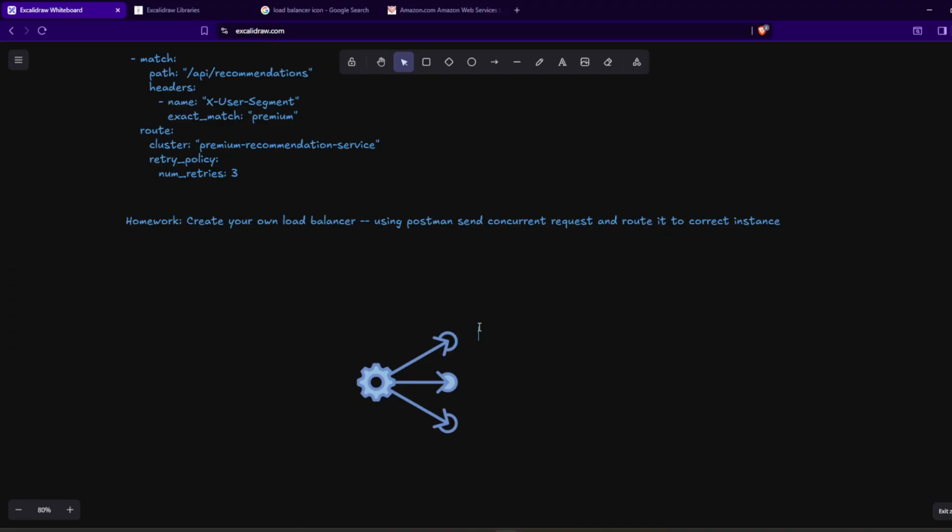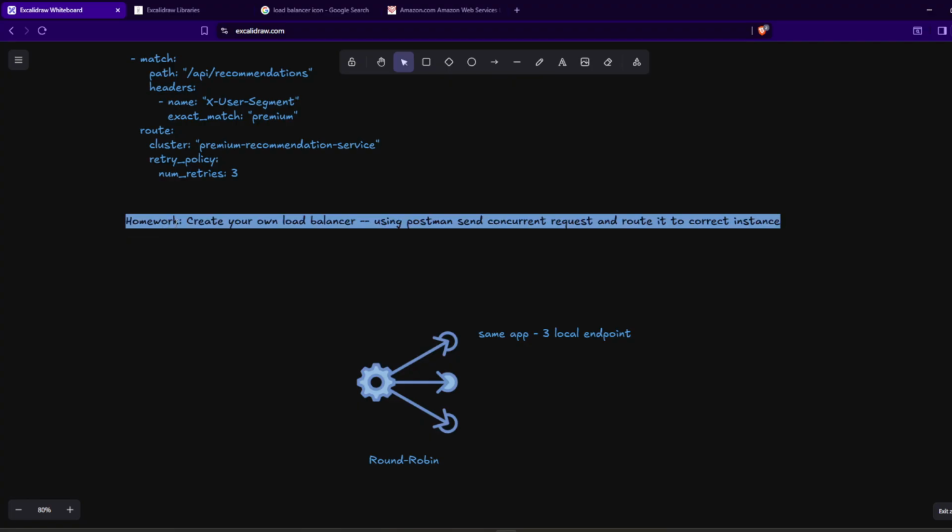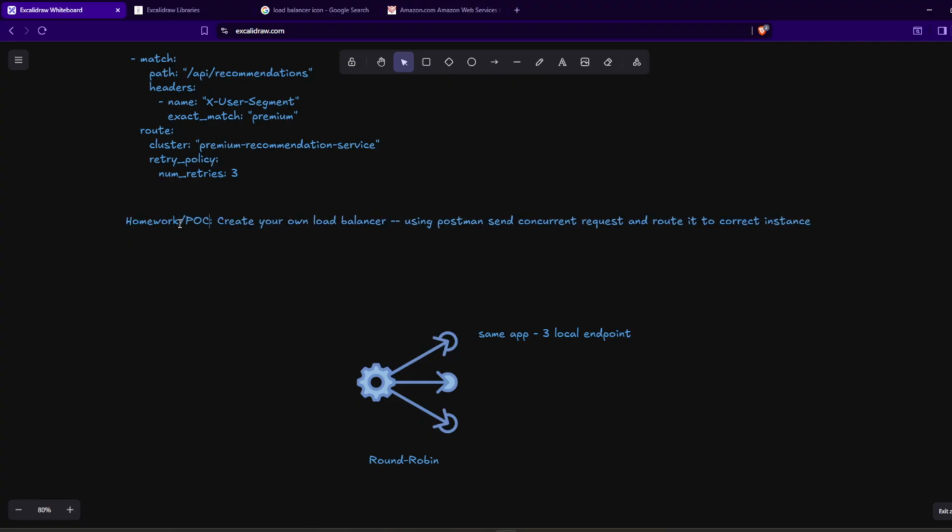So you can create the same app on three local endpoints, and using the load balancer, maybe you apply round robin there and just keep on seeing how exactly it is being routed, and you will learn a lot of things if you just do this small homework or POC that we are talking about.